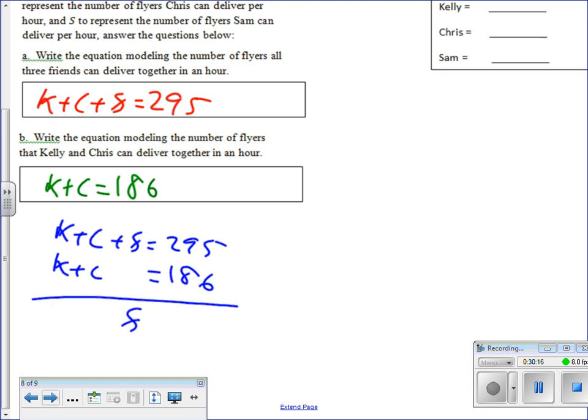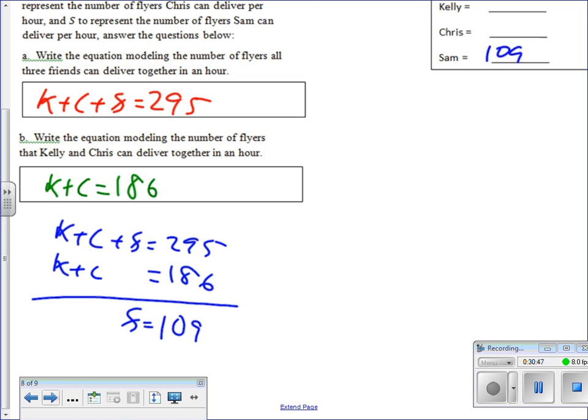Subtract, and Sam can do, oh, I gotta do this, I can't do it in my head. 295 minus 186, 109. Sam can do 109.